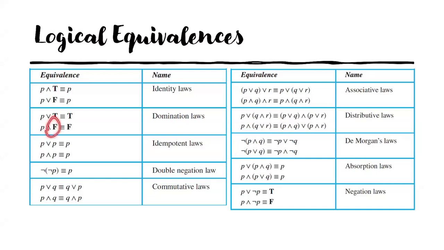So since one of them is false, then this conjunction will be false. So this will be the domination law. So on the disjunction, a tautology will dominate this compound proposition. In the conjunction, the false statement will dominate the result.